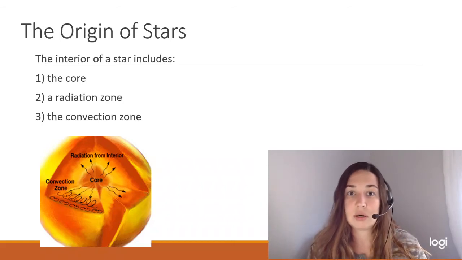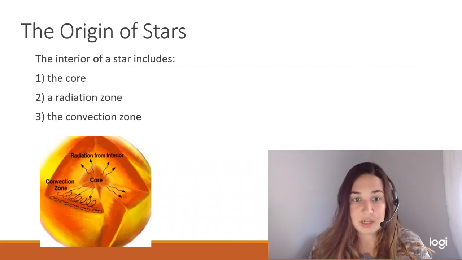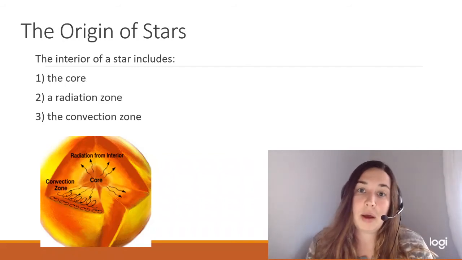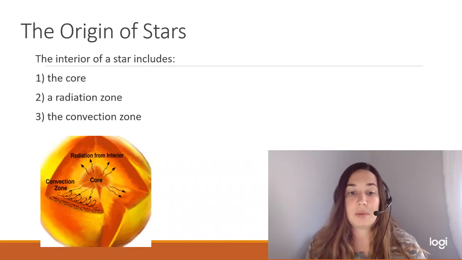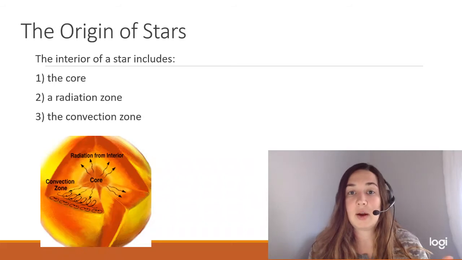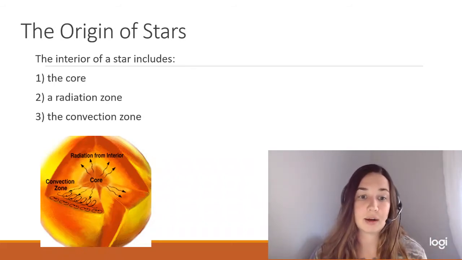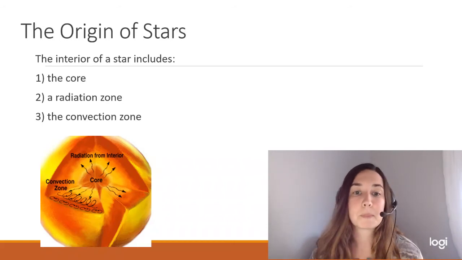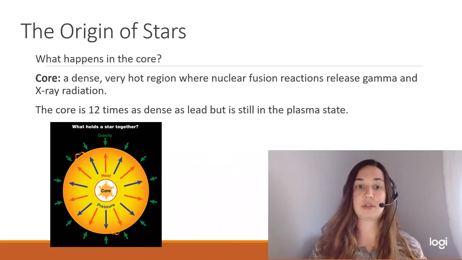So it's still internal in the star, but not quite the very center. And the third category here is our convection zone. So that's going to be the outermost part of our star, and that's going to be the area where heat and light is generating off of, all the way on the outside of our star here. So we're going to go through each of those three types of what makes up a star.